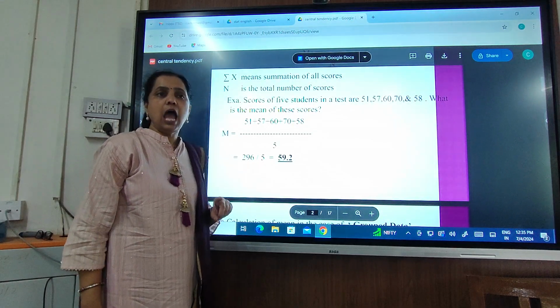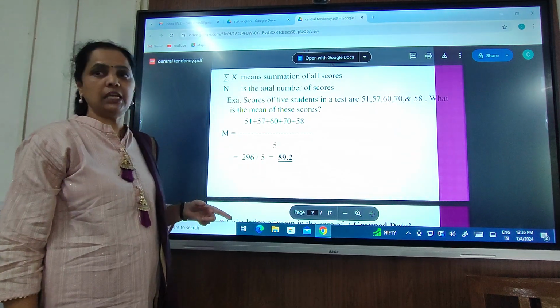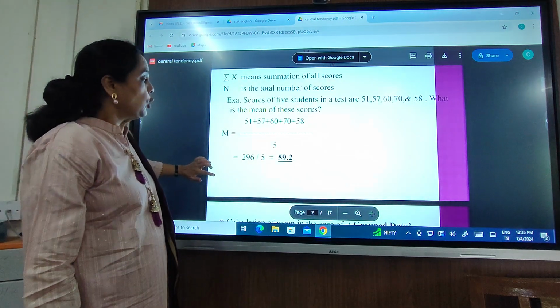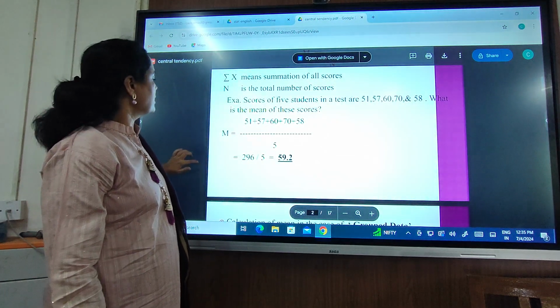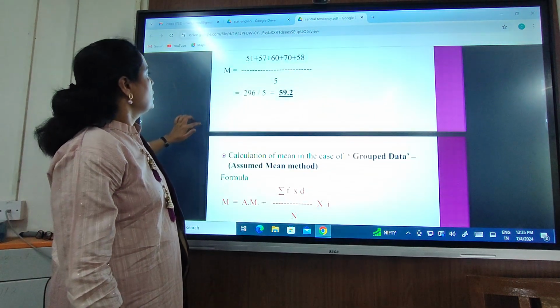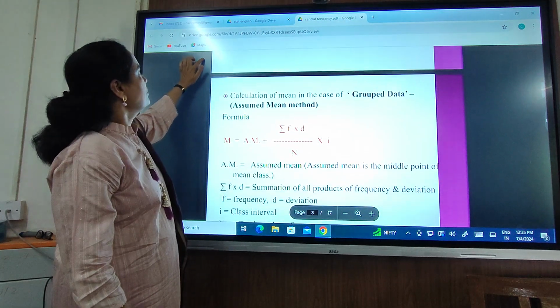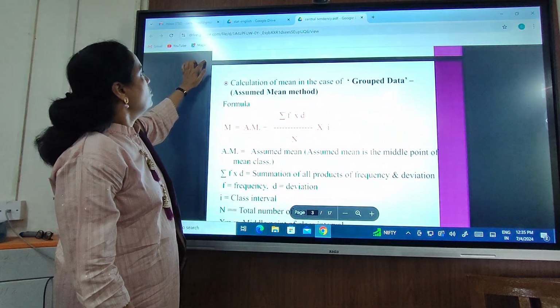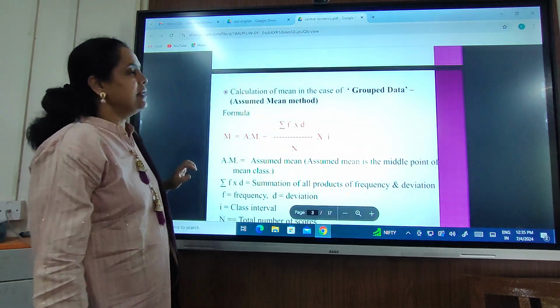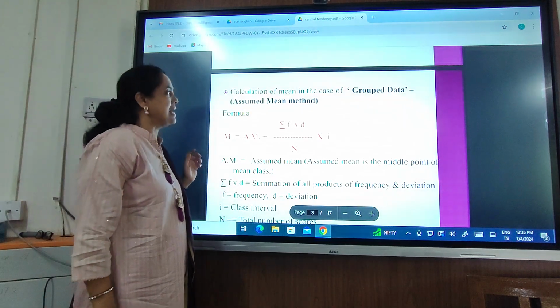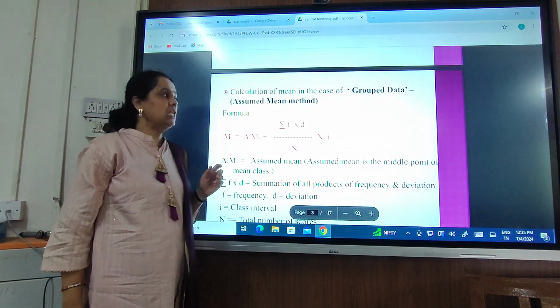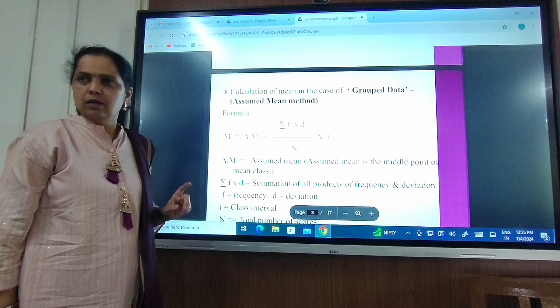Now let us see how to calculate the mean when data is grouped. There is one method to calculate the mean when data is grouped, and that method is called the assumed mean method.